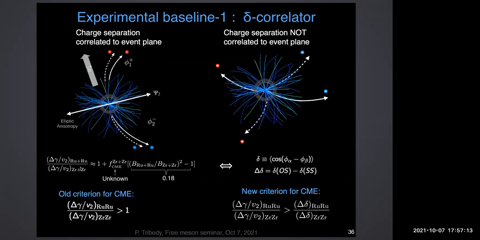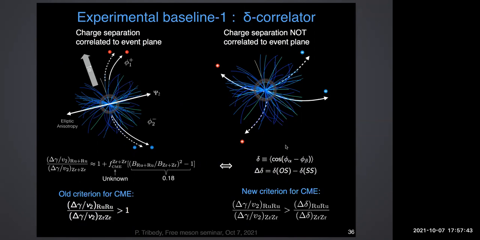Delta gamma over V2 ratio in ruthenium over zirconium has to be greater than 1. Let's remove this correlation with respect to the event plane, which means let's remove this correlation with respect to the magnetic field. Now let's just consider the charge separation. Let's take a pair of opposite charge and same sign charge and build a correlator that has no event plane. That's this definition, just phi 1 and phi 2, like phi alpha, phi beta.